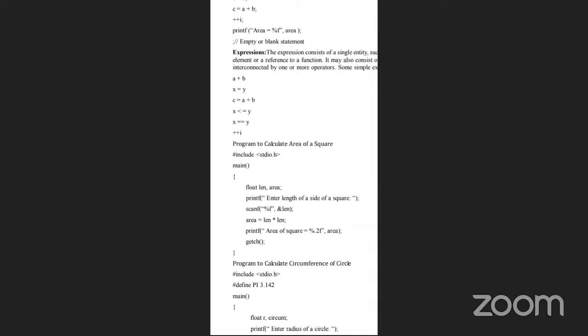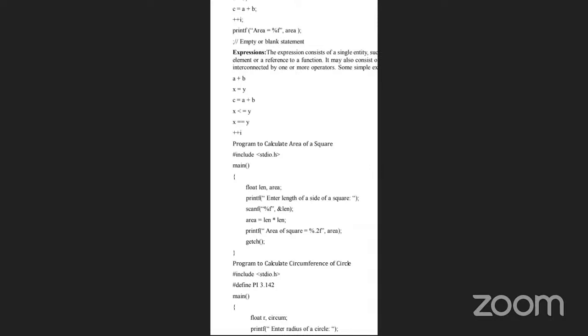Next, area = len * len. We know the simple mathematical formula: square area is L into L. That you write here. So, printf: what we need to print, what we are finding. Here, area of square = %0.2f in quotes, comma, area.